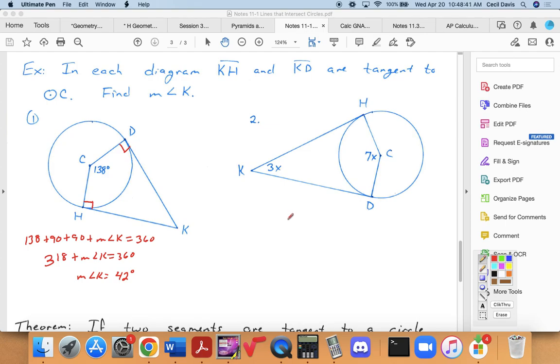Any questions about that? We can also do this as an algebra problem. Here, again, both of these have to be right angles. So I've got 3x plus 7x plus 90 plus 90 is equal to 360.